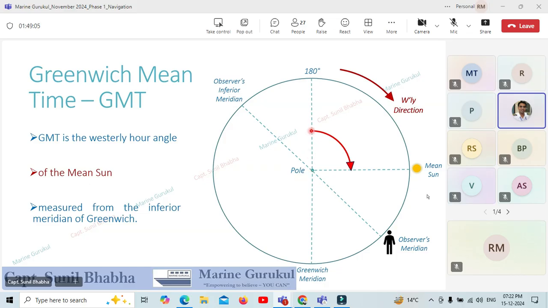So starting from the inferior meridian of Greenwich, going clockwise in the westerly direction up to the mean sun, this particular angle gives us the GMT. So very similar to LMT, the only thing is the reference meridian for LMT was the observer's inferior meridian, and the reference meridian for GMT is the Greenwich inferior meridian.